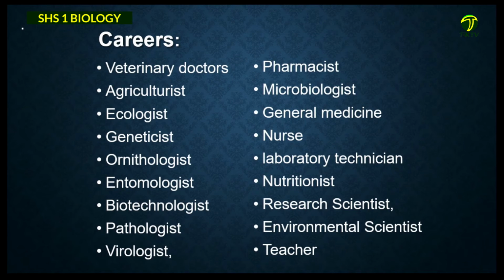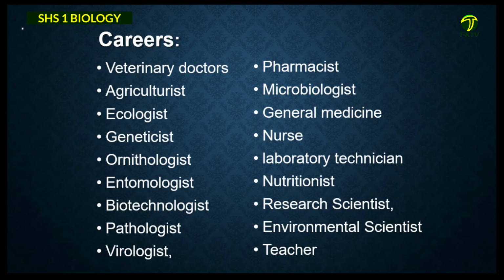But what are some of these careers or jobs? You can be a veterinary doctor. You can be an agriculturist. You can be an ecologist. You can be a geneticist. You can be an ornithologist, an entomologist, a biotechnologist, a pathologist, a virologist, a pharmacist, a microbiologist, general medicine, and you become a doctor.